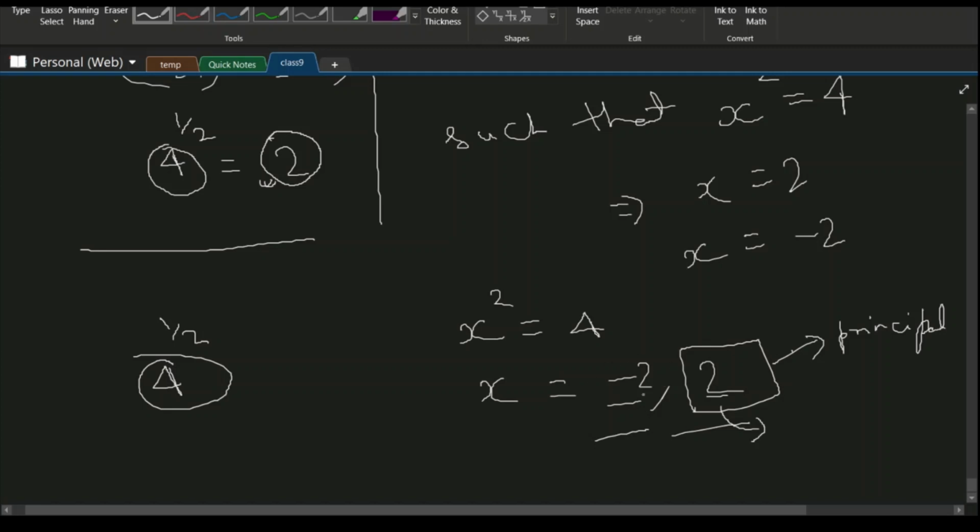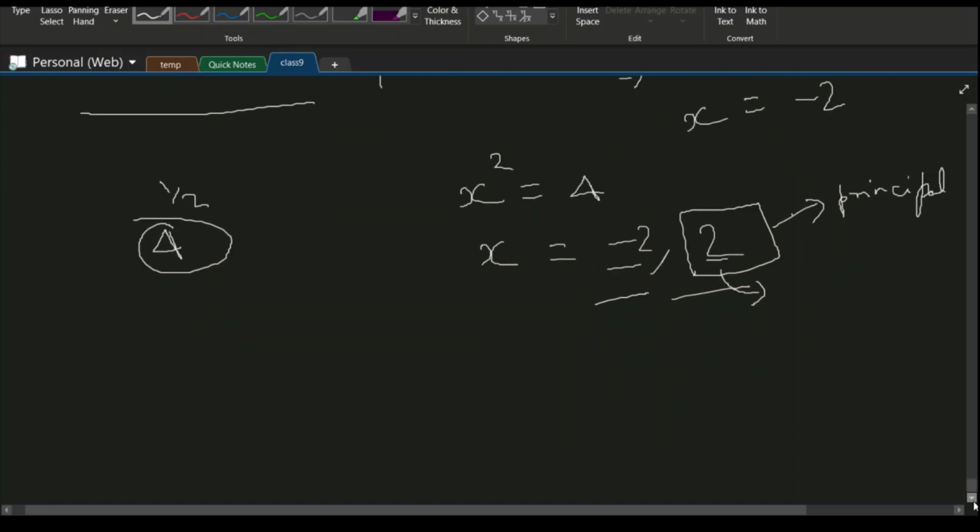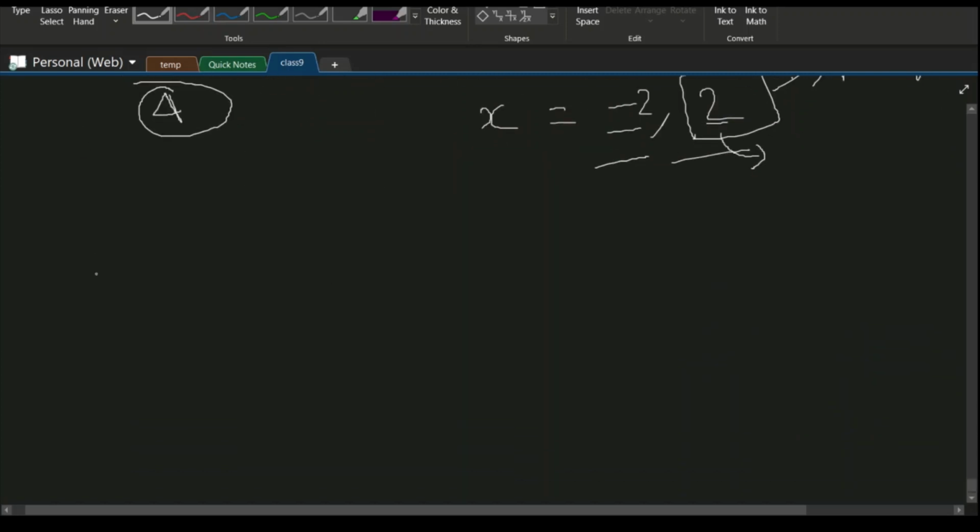Sometimes there will be many options. For example, if we say x to the power 4 equal to 1, this is a 4th degree equation. How many possible options for x can I have? What number when raised to the power 4 gives me 1? One option is 1 itself, because 1 to the power 4 is 1.